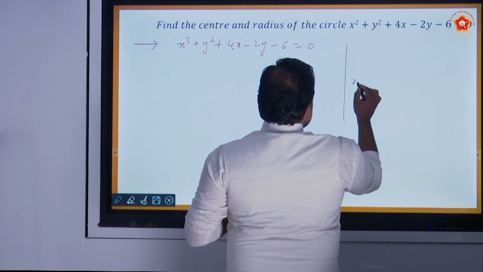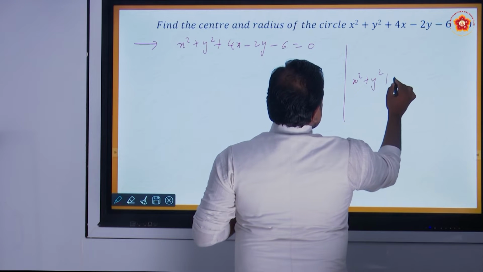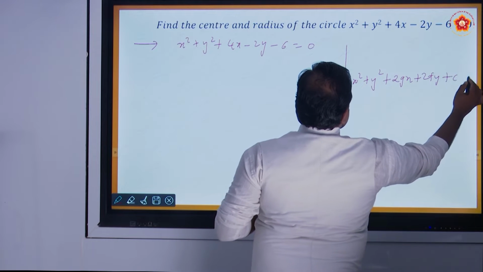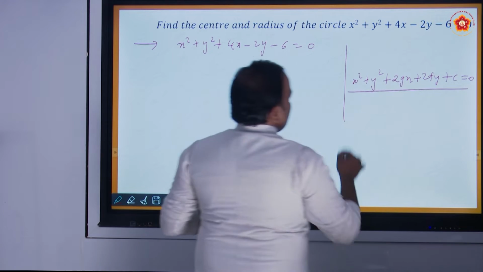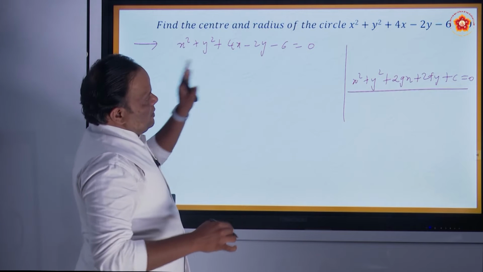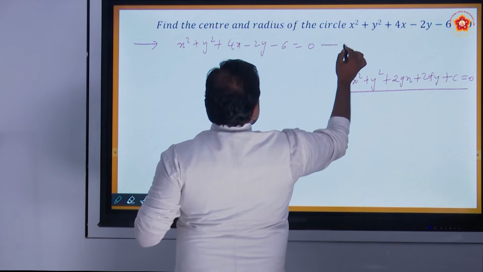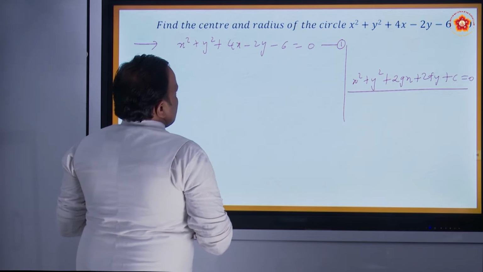You saw in the last class, x square plus y square plus 2gx plus 2fy plus c equal to 0. Let us see this equation now. I call this equation number 1. So observe here.